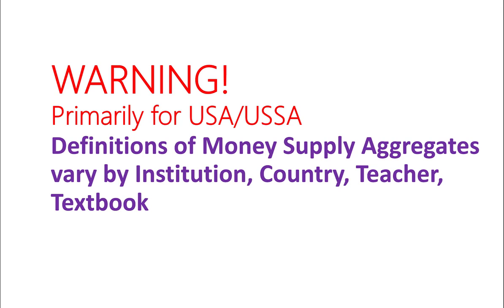But here's pretty much the basics for the USA. And if you do go on to read for other countries or nations, you can get a gist of what is going on here, and it will give you a head start into any variations that you might find for your respective nation.